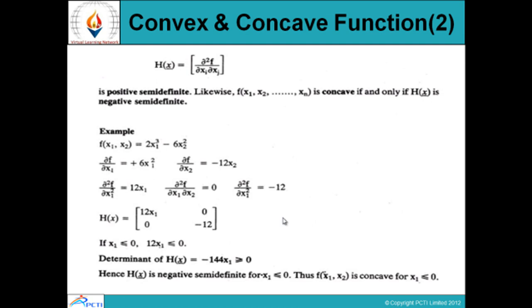Hence H(x) equal to [12x1, 0; 0, minus 12]. If x1 less than or equal to 0, then 12x1 less than or equal to 0. Determinant of H(x) equal to minus 144 x1, which is greater than or equal to 0. Hence H(x) is negative semi-definite for x1 less than or equal to 0. Thus the function f(x1, x2) is concave for x1 less than or equal to 0.